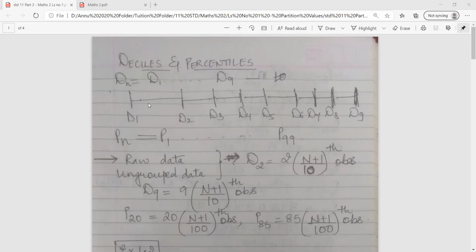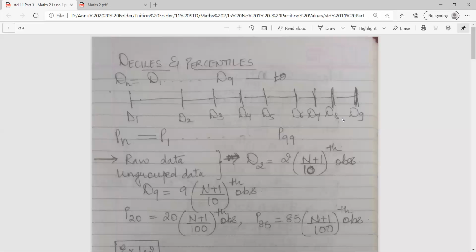In that I explained that deciles divide the data into, sorry, 10 equal parts. As you can see in the diagram, deciles means divide by 10, a decade. A decade is a period of 10 years. So deciles basically divide the data into 10 parts, starting with the lowest decile, D1, and the highest or upper decile is D9.